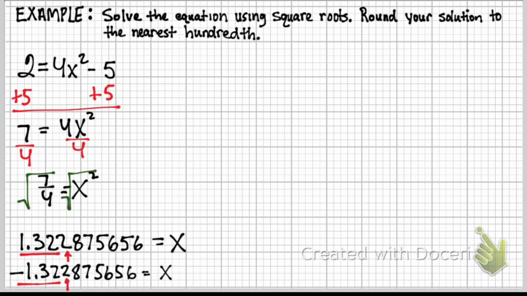And that 2 is not big enough to force us to round up. And so our final answer to this problem is that one solution will be x equals 1.32, and the other solution will be x equals negative 1.32. And if you need help remembering how to round to the nearest hundredth or the nearest tenth, you can check out part number 5 of your notes.